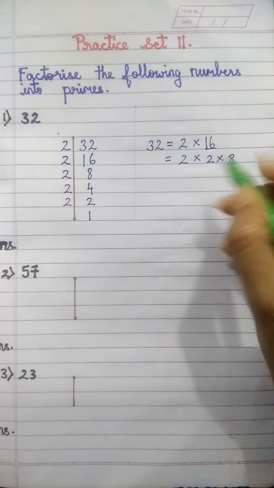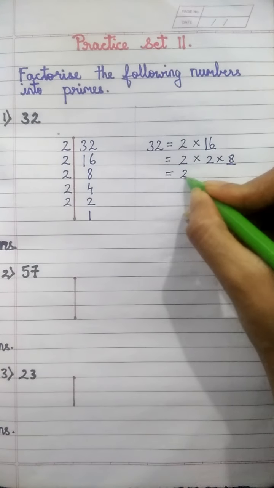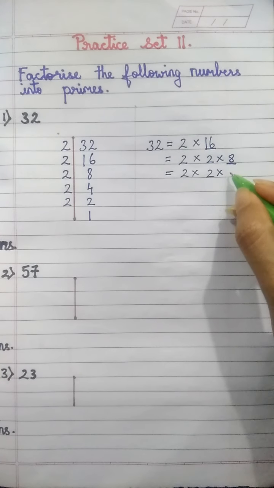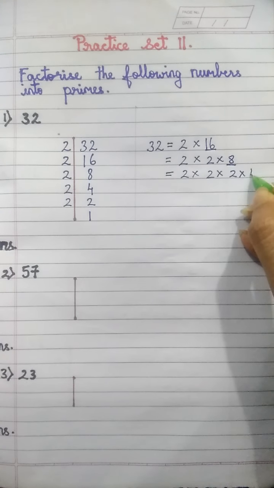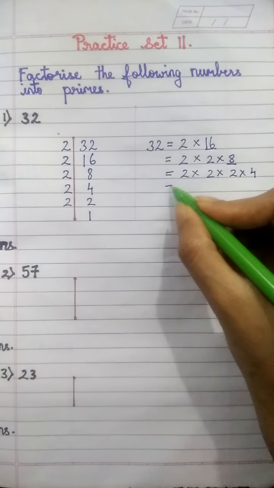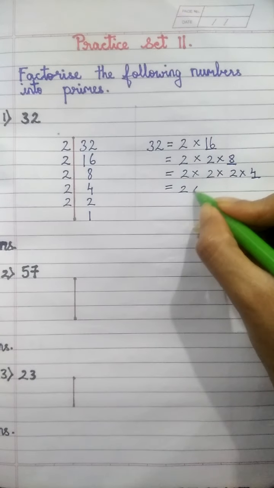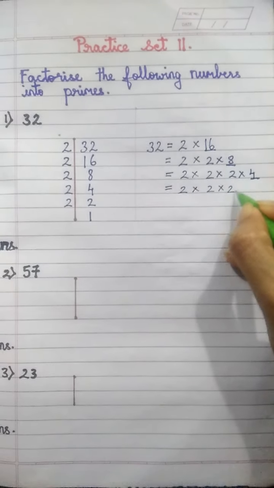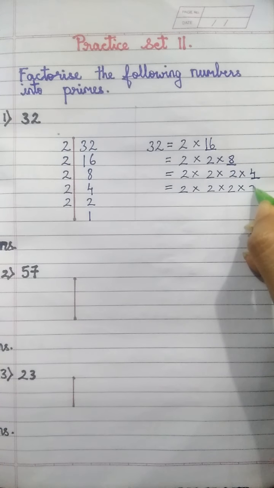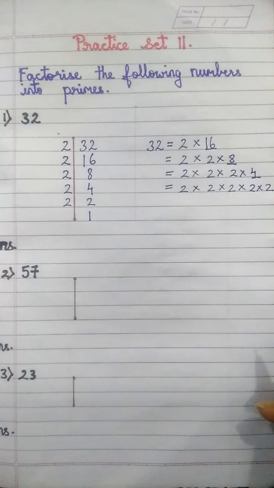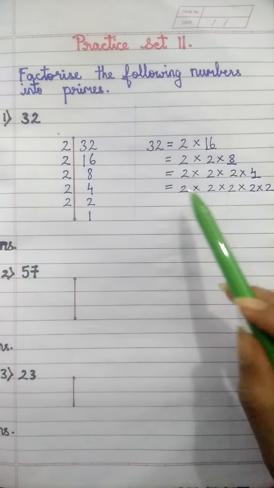Now we are factorizing 8. So our step is 2 into 2 into the factors of 8, which will be 2 fours. Now we have to factorize the number 4. So these we write as it is, 2 into 2 into 2, and the factors of 4 are 2 into 2. So we got all the factors for 32.